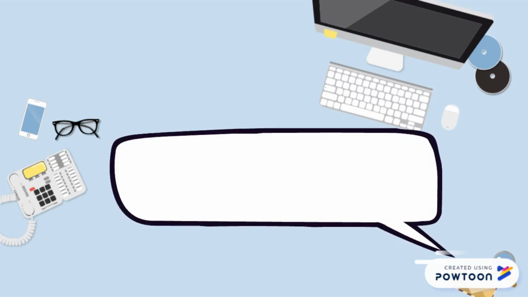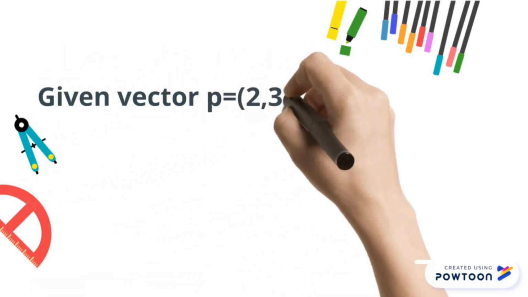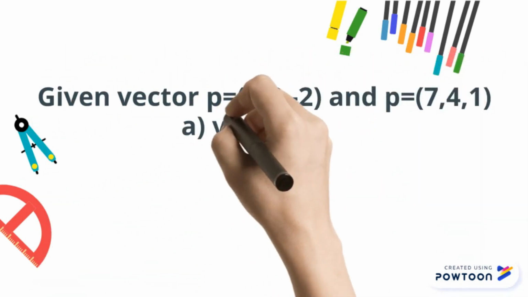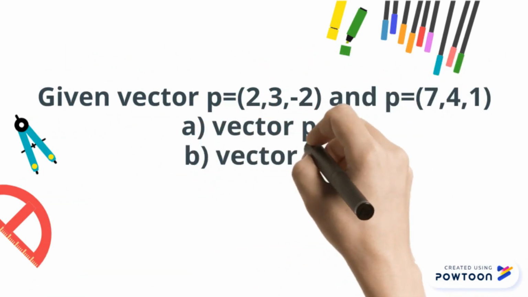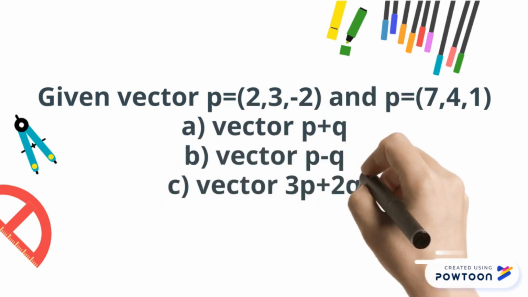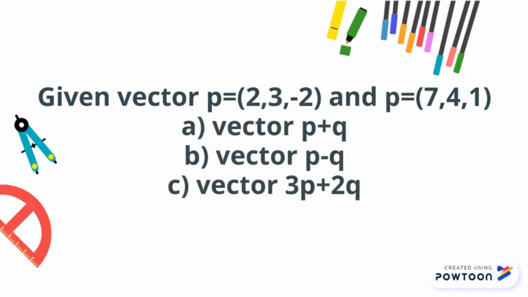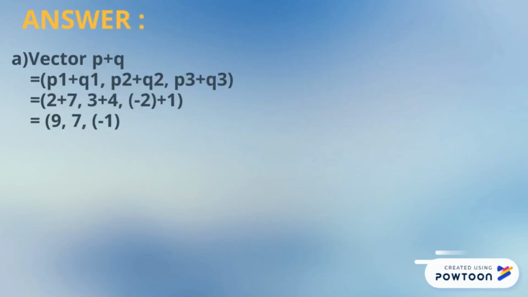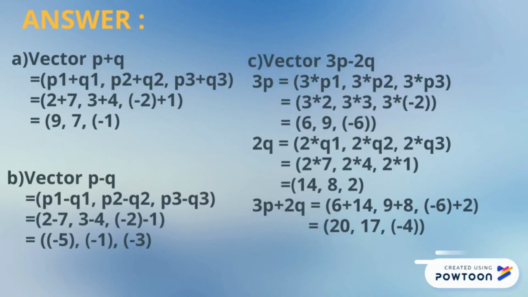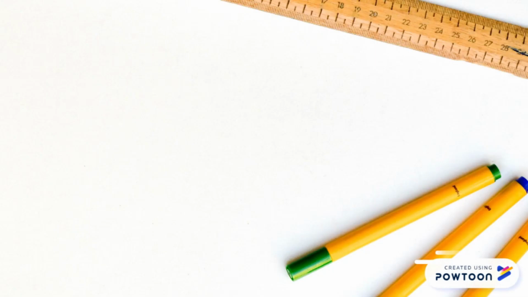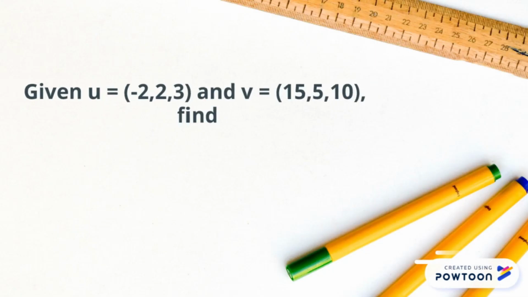This is an example for vector in three space. This is the question of the vector in three space. It can be given by vector b plus q, vector b minus q, and vector 3b plus 2q. Next, this slide is for the answer of the vector in three space. In three space, it will give different types of question.